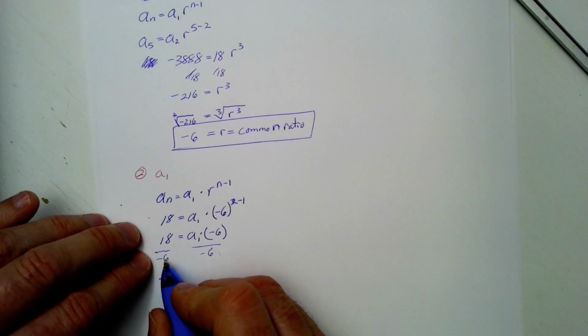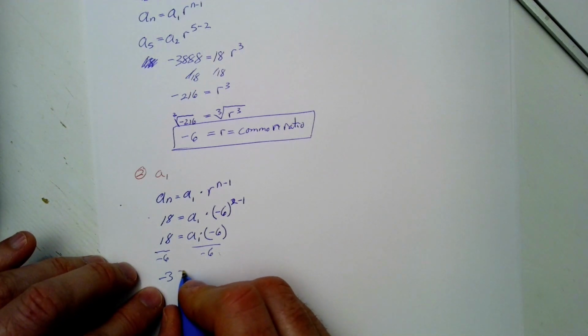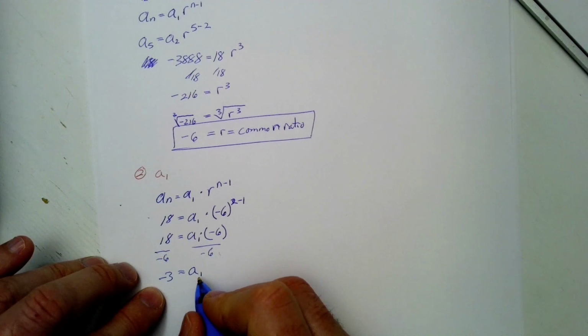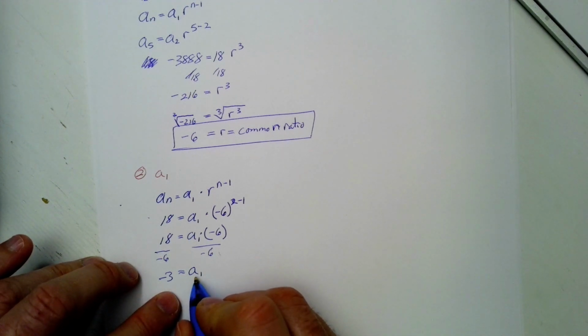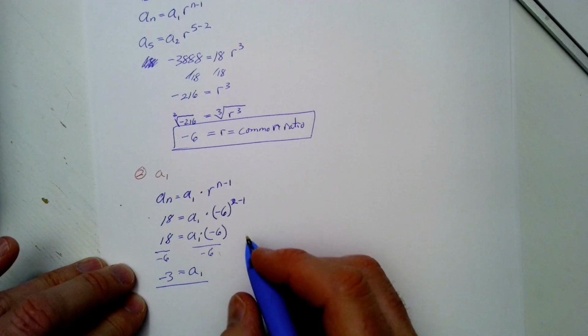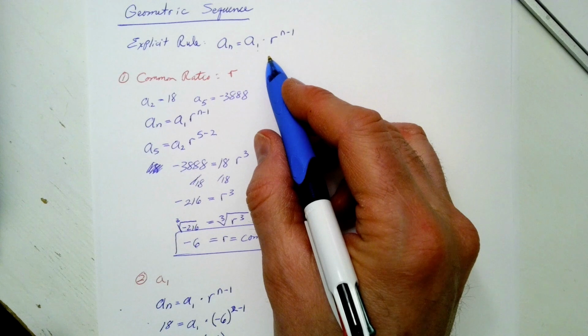Negative 3 times negative 6 equals 18. All right, so we have negative 3 equals a1. Now that we have a1, I'm just going to underline that. We can use that with r to write our explicit rule.